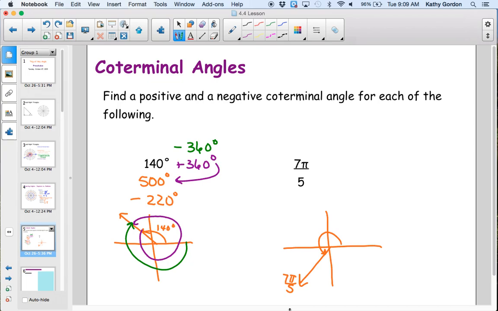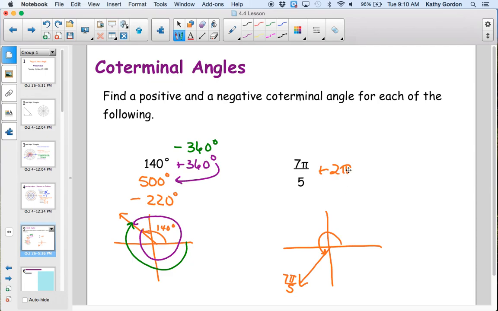All right, so what should I do to get another positive angle? Casey, what seems like a logical choice for getting a positive angle? Look at what we did over here. If you add like 2 pi to it. Exactly. Okay, but we have to maybe tweak this just a little bit because we're talking about fractions now, right? So what do we need when we have fractions? A common denominator.